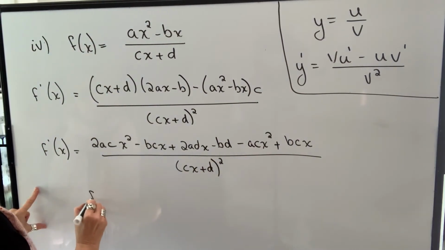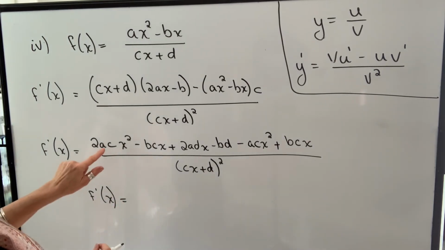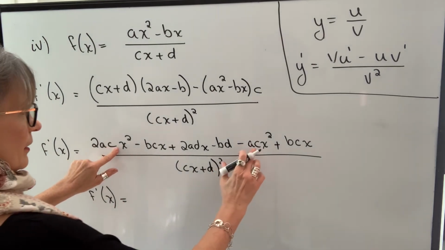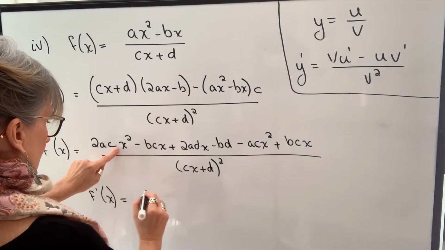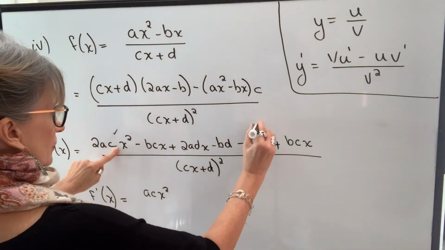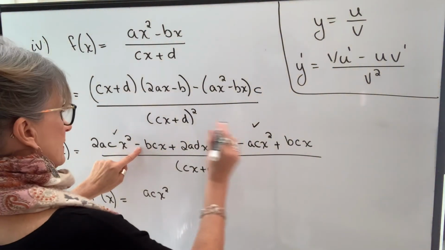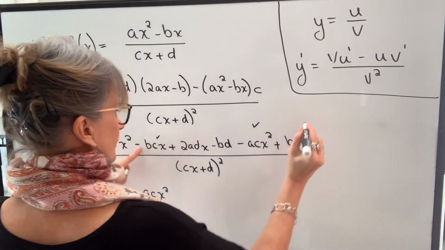And now I can combine any like terms in my numerator. So I have a 2acx squared minus 1acx squared, so that gives me 1acx squared. Okay, so I got both of those. Then I've got minus bcx plus bcx, which is 0, got those.